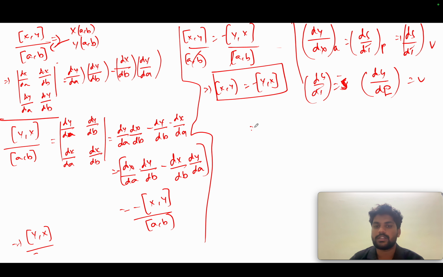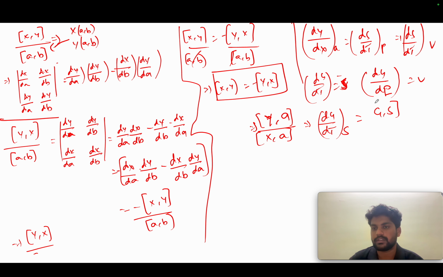So these things we can write in the Jacobian way as y comma a divided by x comma a. So if I put dg by dt as this, I can write it like this. I will prove this one, what will come.